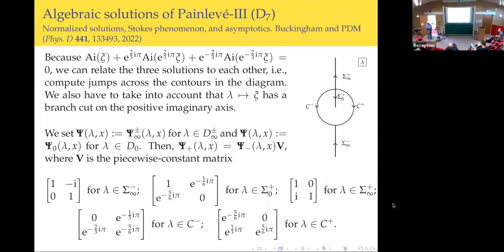And those have to be related by some constant matrix. And that constant matrix, you can work it out for each arc of this curve. So here's what they all turn out to be. Just some constants, all coming from this identity. Okay, so now you have jump data.